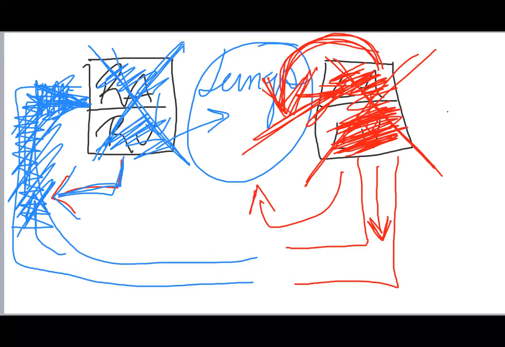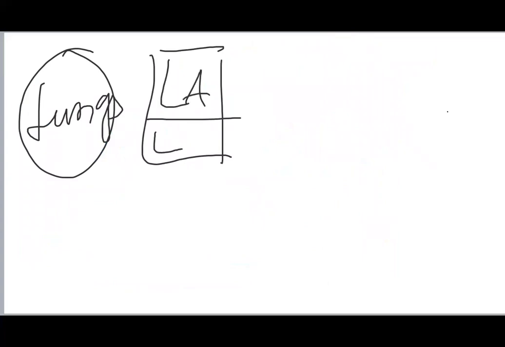So with that basic knowledge, if we have a left-sided failure, right? And we're going to say that we have the lungs and the left atria and left ventricle.